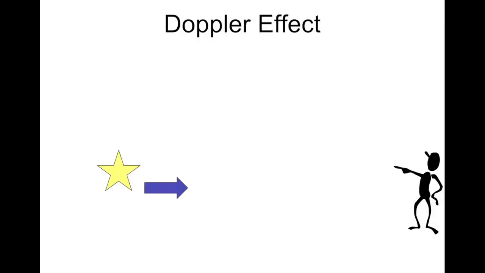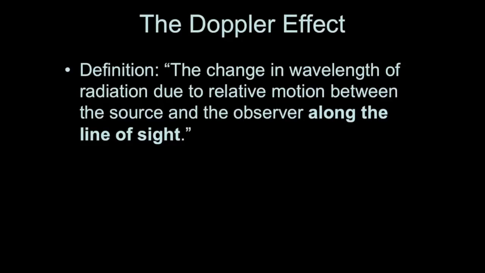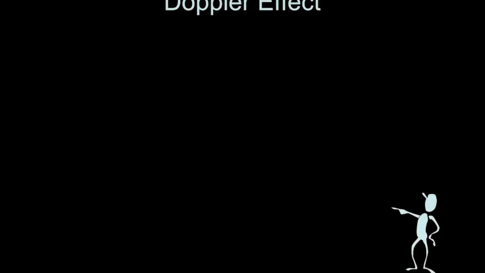Conversely, if we're talking about a star or an object that's giving off light moving towards the observer, the waves that are detected by the observer will have shorter wavelengths. Shorter wavelengths correspond to bluer light, and so we call this a blue shift. And remember, this has to happen along a line of sight.